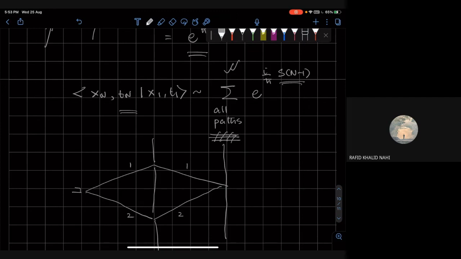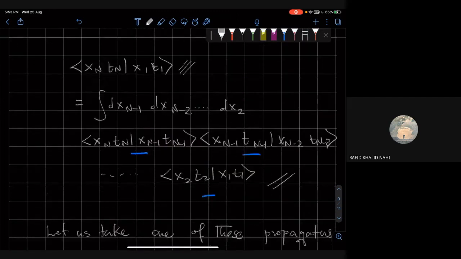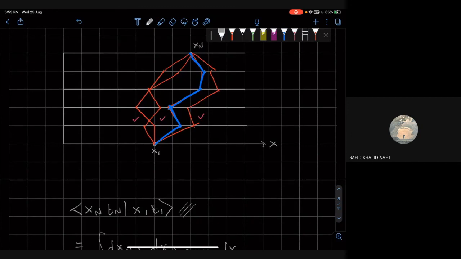It'll be in front of the exponential, because each factor within the sum represents the amplitude for one of these paths. And all these paths are classically mutually exclusive. These are all alternatives for the path to take.